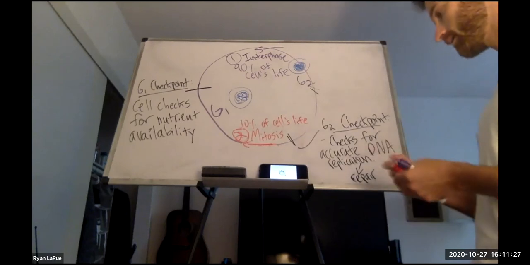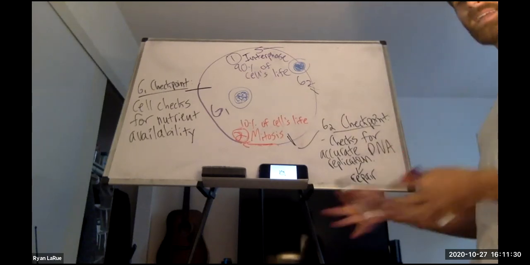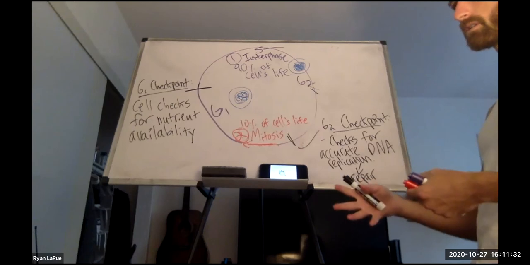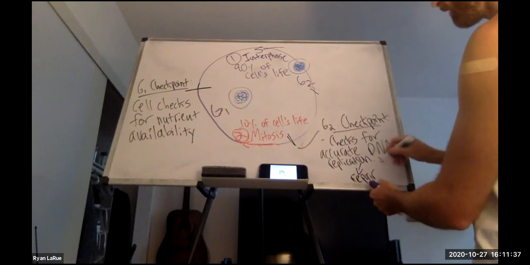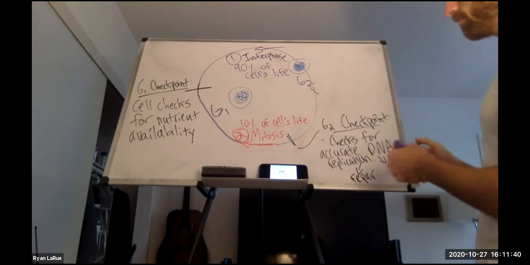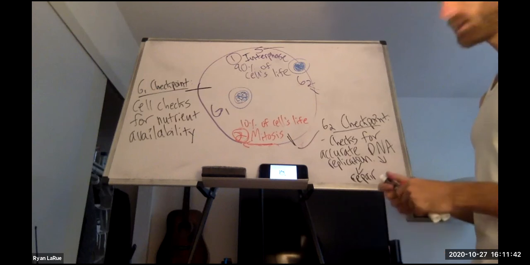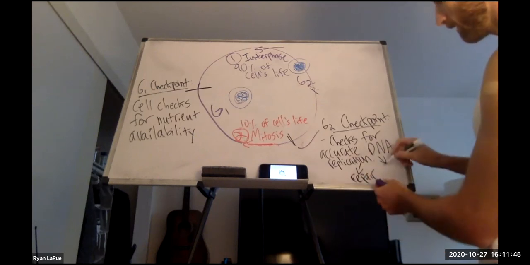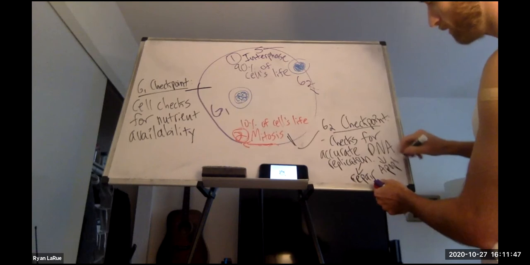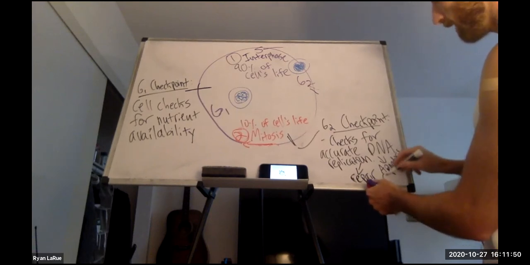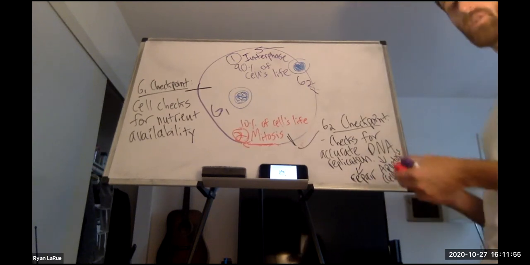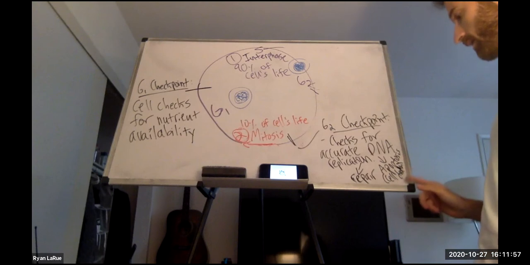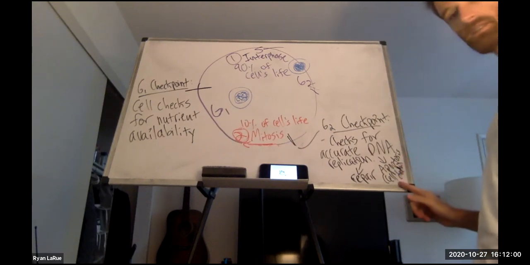But if the extent of the damage or the error is so large, the cell will actually trigger a mechanism of self-destruction called apoptosis, which is cell death. We don't want cancer forming. I ran out of room, but this says apoptosis, cell death in parentheses.